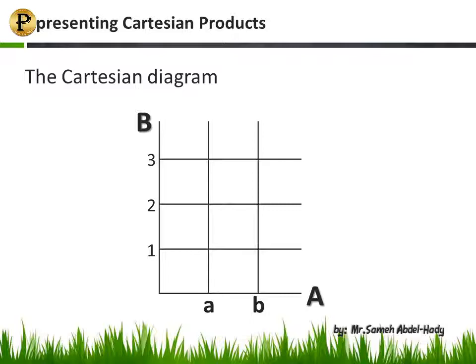But you have to remember that the elements of the first set always will be plotted on the horizontal axis, and the elements of the second set always plotted on the vertical axis.